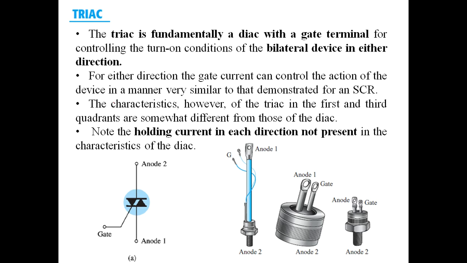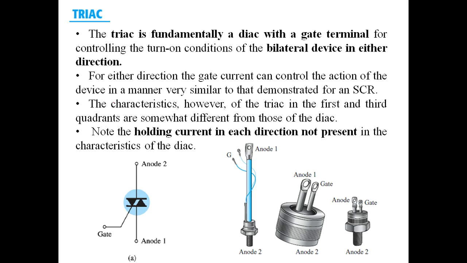The fundamental difference between a diac and a triac is that in the diac you don't have control over the switching action. Suppose if you want the current with respect to only anode 1 or with respect to only anode 2, that control is not present in the case of a diac.